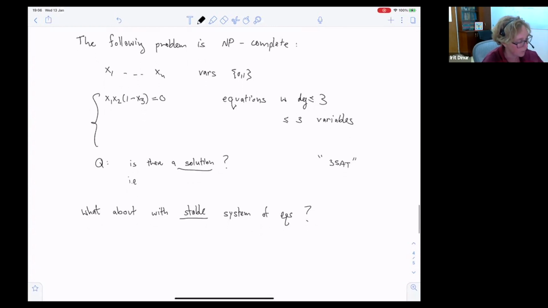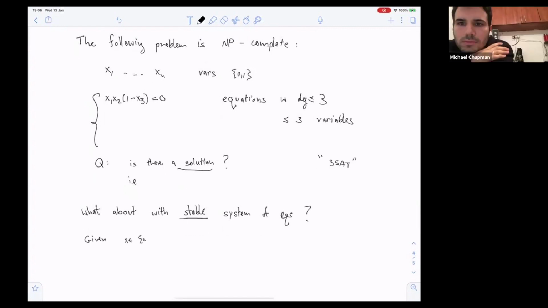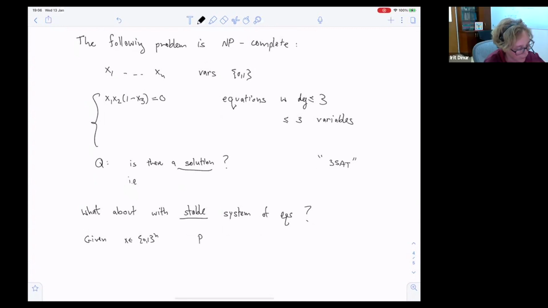So what I mean is that given some string x in {0,1}^n, I have measure 1, which is the probability over a random equation in the system of equations. Let me call this system S. So for a random equation in S, the probability that x satisfies this equation measures how good of a solution x is.